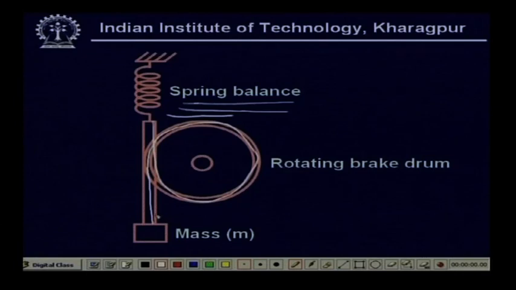Mass m is installed at one end and the spring balance is installed at the other end. This spring balance is graduated, so it is moving on a scale like this, as a conventional spring balance system, right.